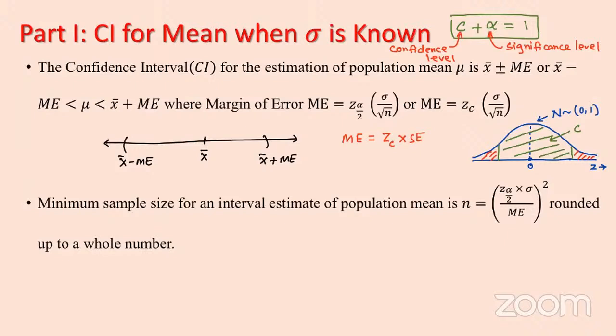One more time, if this is 90%, the remaining area is 10%, which is divided into two parts, so 10 divided by 2. Similarly, if the total tail area is alpha, then the area on each tail is alpha divided by 2.